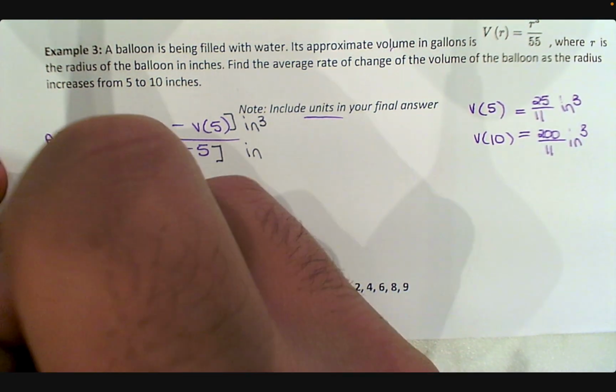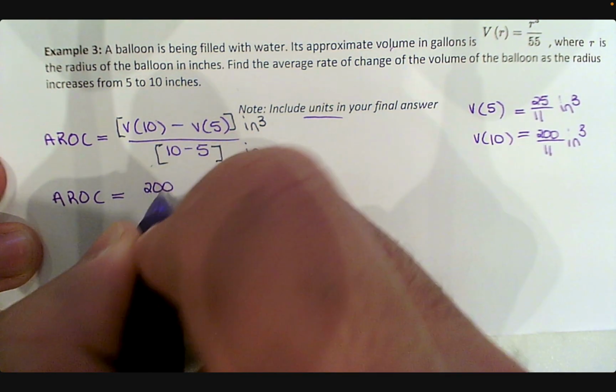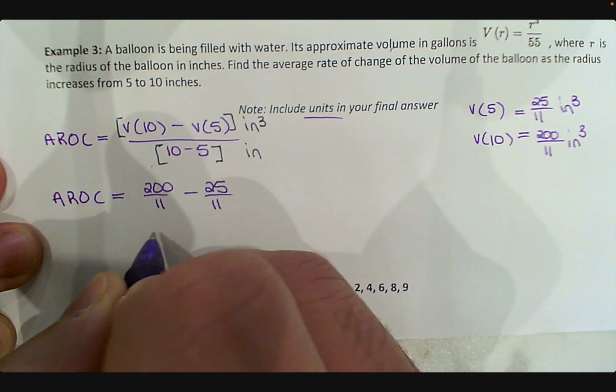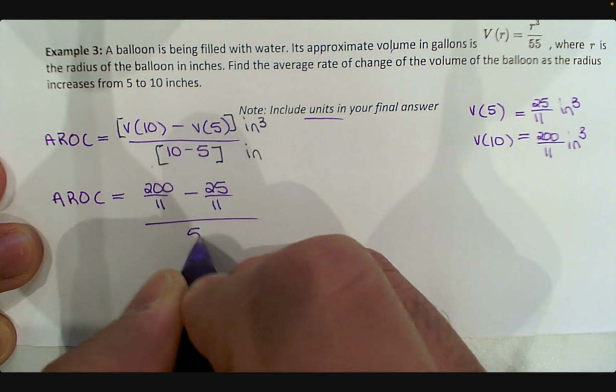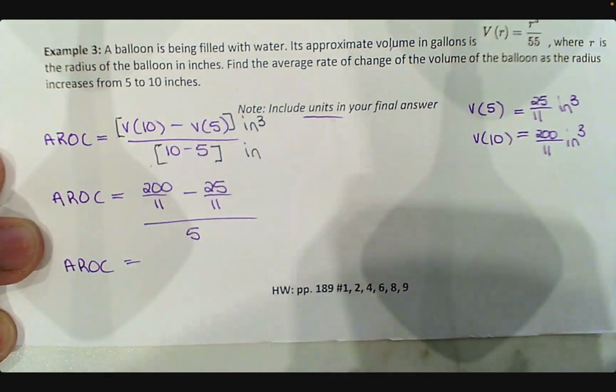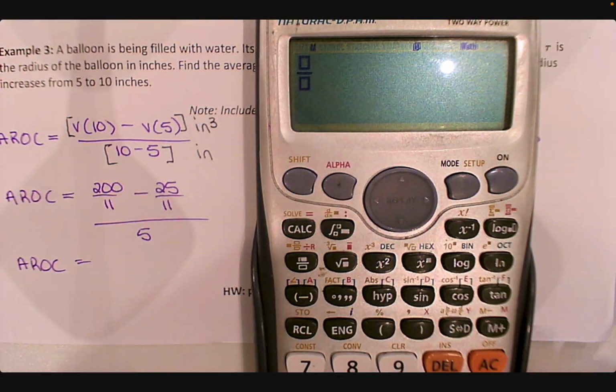Let's go ahead and sub in those values in my numerator. So 200 over 11 minus 25 over 11 over 10 minus 5, which is 5. And with the help of my calculator, I'll determine what that answer is.